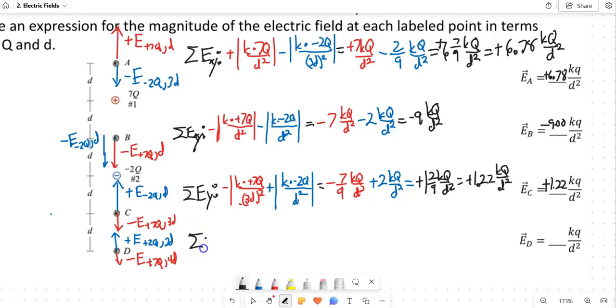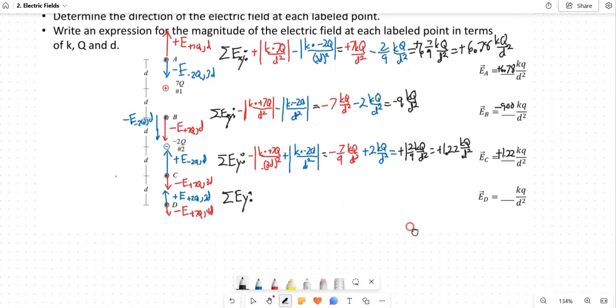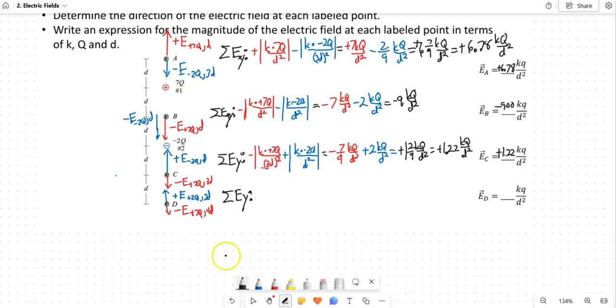All right. Last one. Starting with red first, it's pointing down. And that's k times positive 7Q all over a distance 4D away that we're going to square.